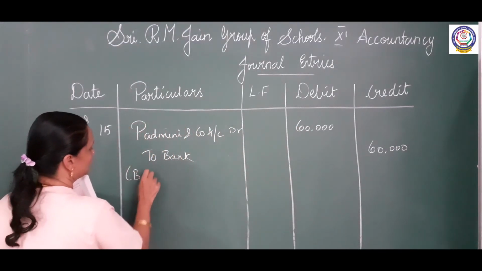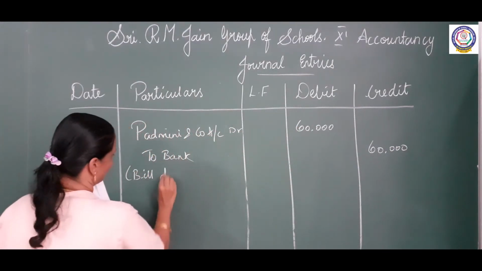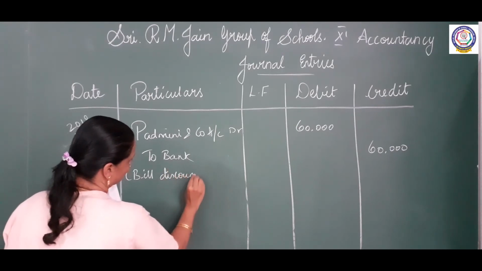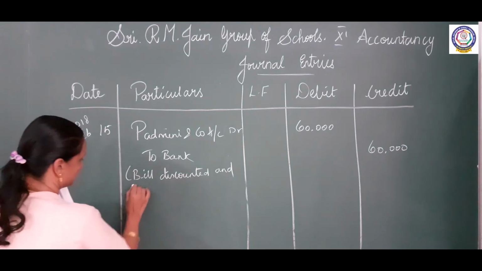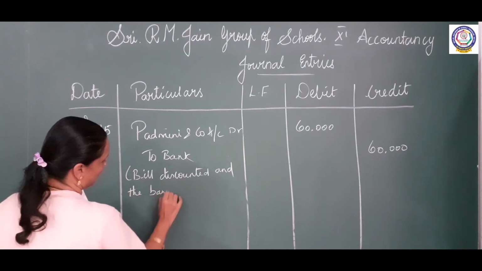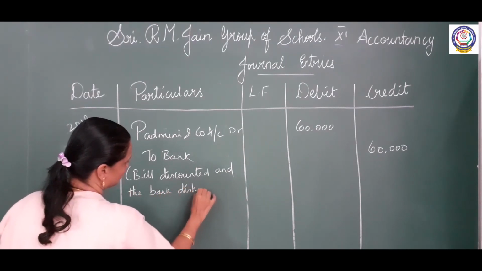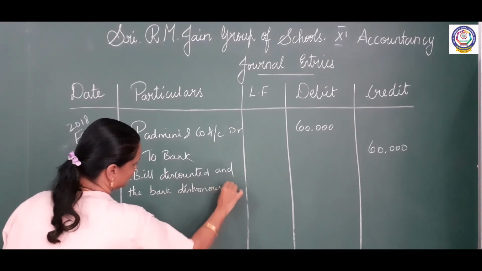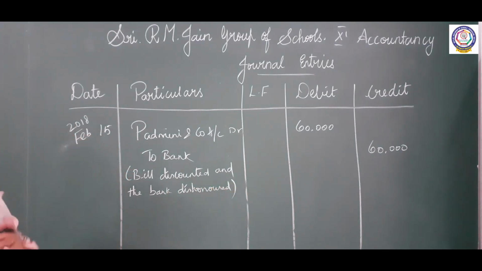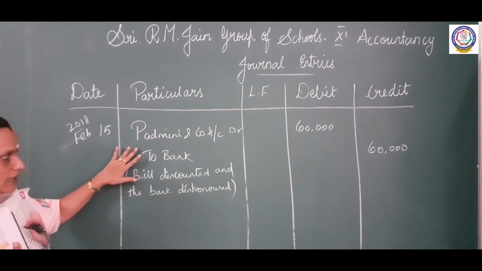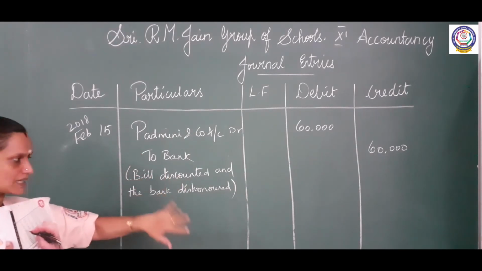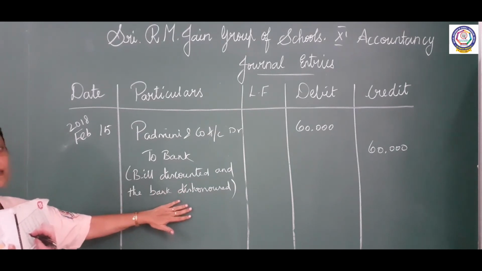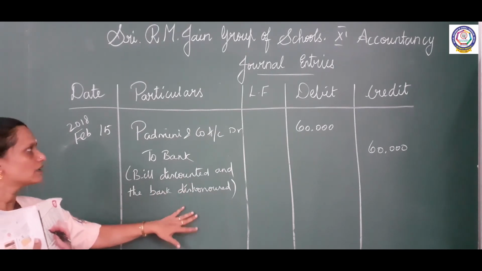So the bill discounted and dishonored. The bank dishonored. See, so Padmini and Co. account debit to bank account. The bill is discounted, the bank already gave discount and then the cheque is dishonored. Okay, copy this.